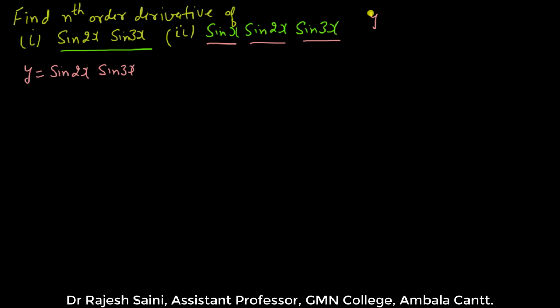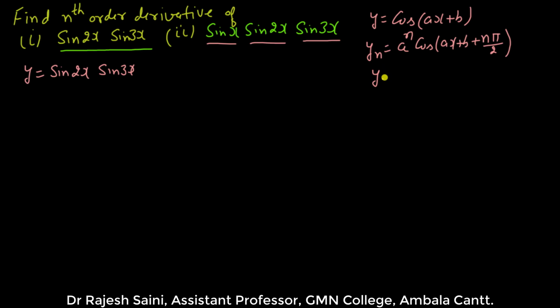So if y is equal to cos(ax plus b), then what will be its nth order derivative? You know, here it will be the coefficient of x, n times, meaning a raised to the power n, cos(ax plus b) with the argument as such, plus n pi by 2. Fine.